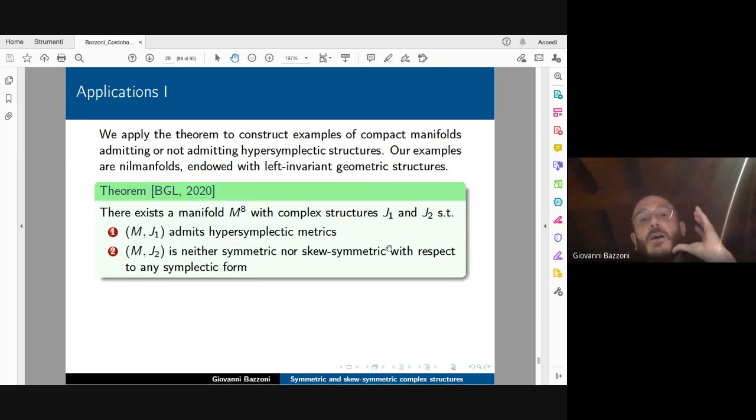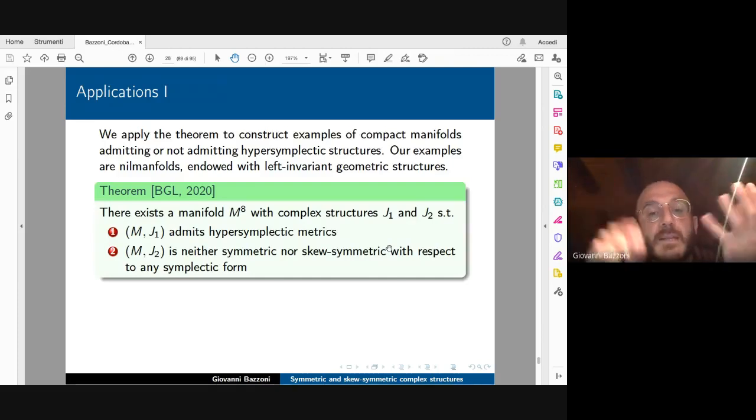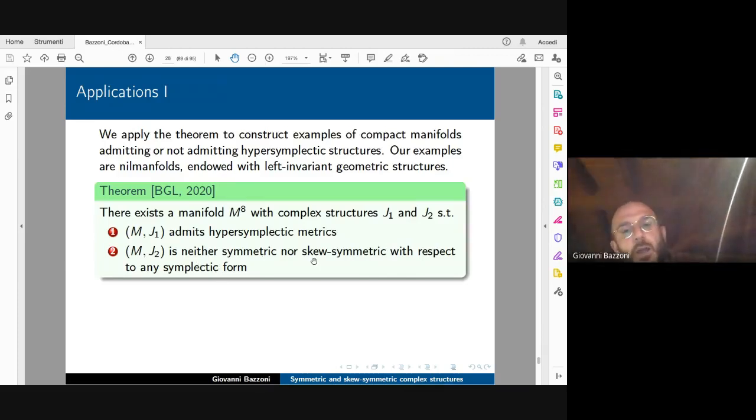So M_J1 is hypersymplectic, but M_J2 is not, on the same manifold. Different complex structures can lead to very different behaviors. This second bullet means that you check all the possible symplectic forms, and you find no symplectic form with respect to which J2 is symmetric, and none with respect to which J2 is skew-symmetric.